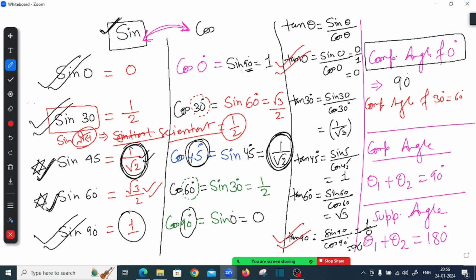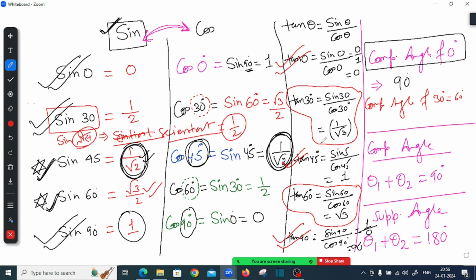Tan 90 is infinity or undefined, you will remember easily. Tan 45 is equal to 1, you can remember easily, right? You will get a big confusion in tan 30 degrees and in tan 60 degrees.